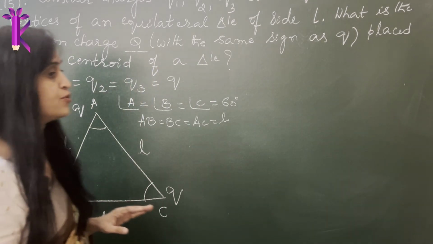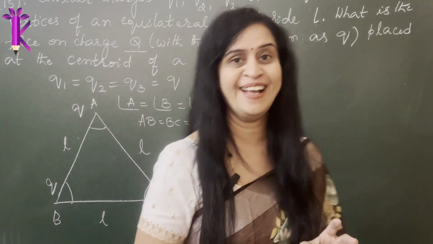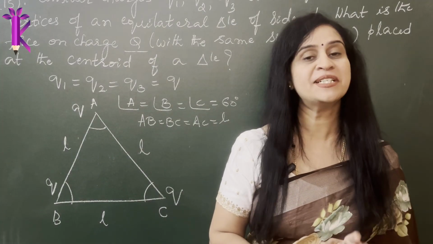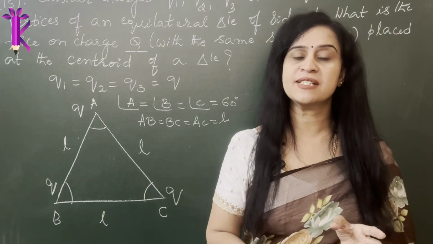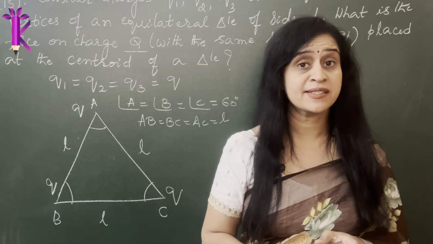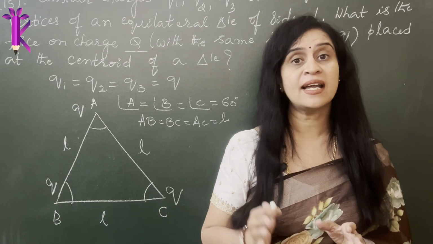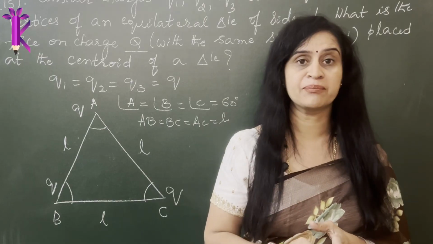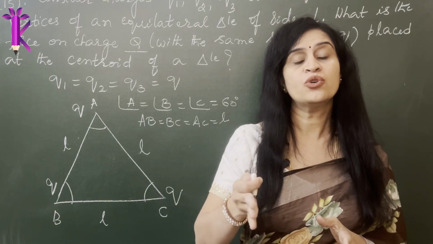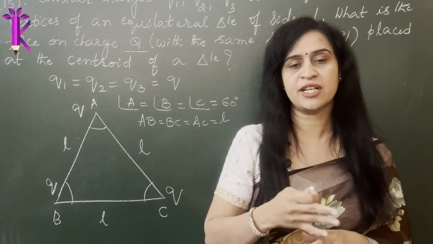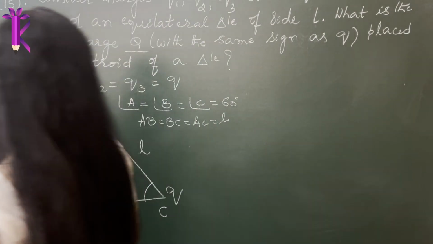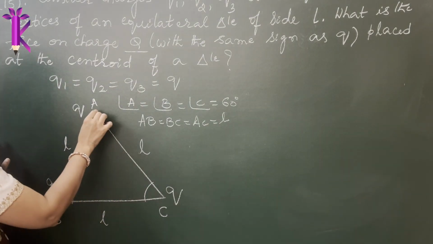Now, if your geometry is bad and you have not read your geometry properly in high school, obviously you would not know what a centroid is. A centroid is a point that divides the median in a 2:3 ratio. So I will show you. What's a median? A median is a perpendicular bisector.